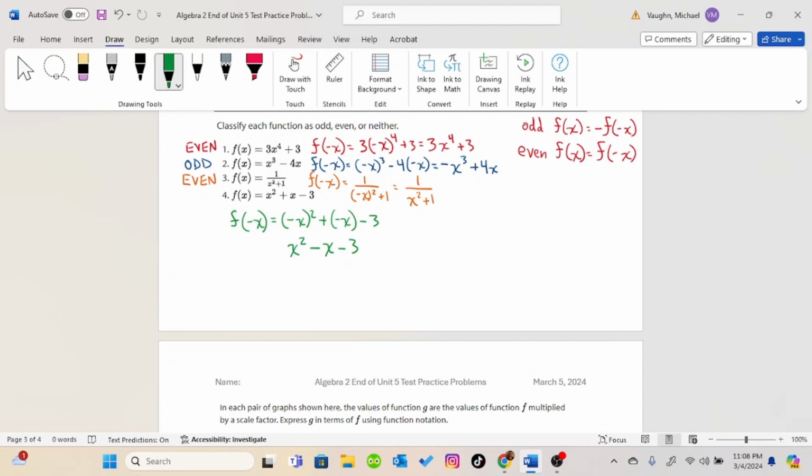The x squared is the same, the minus 3 is the same, but the minus x is the opposite. This is a mixture, so it's not even, it's not odd, it's neither.